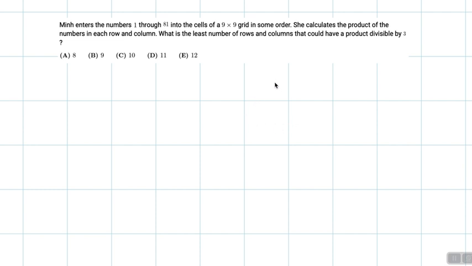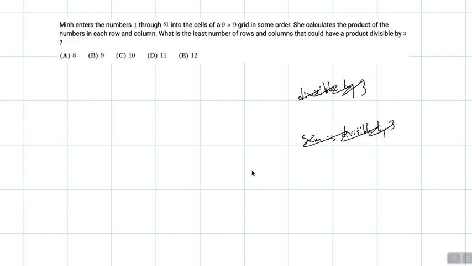Well, something is divisible by 3 if the sum is divisible by 3. Or just, divisible by 3 if it has a 3 in it.